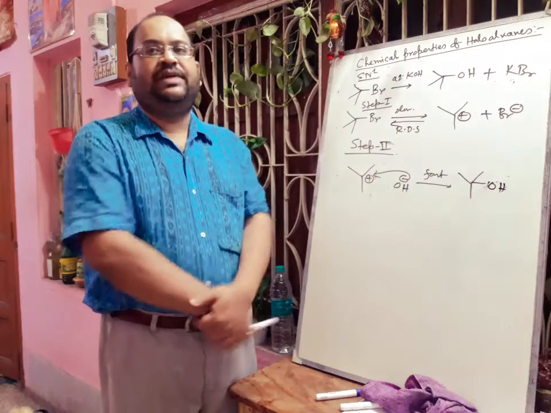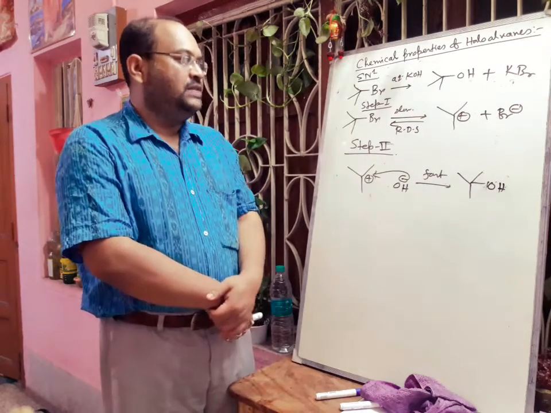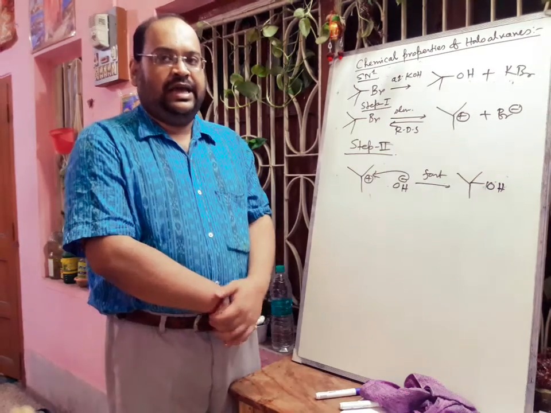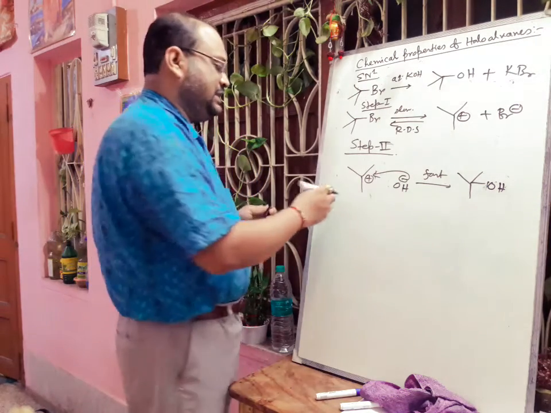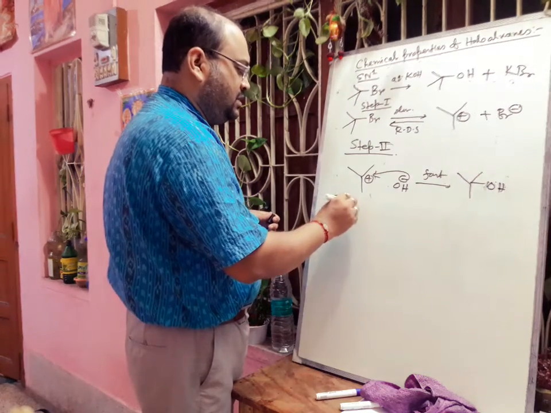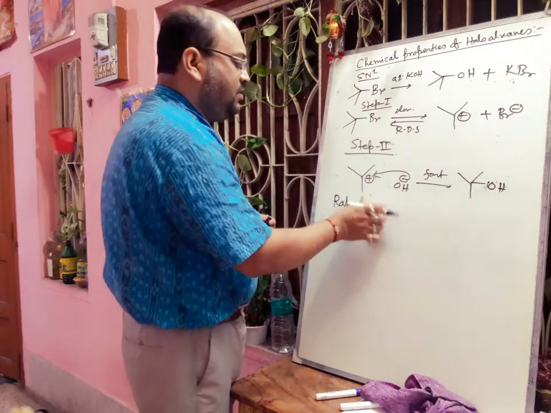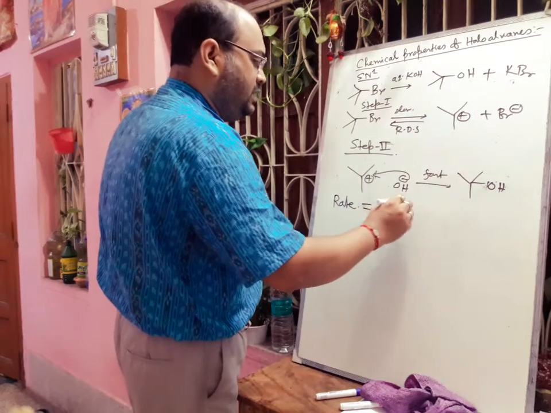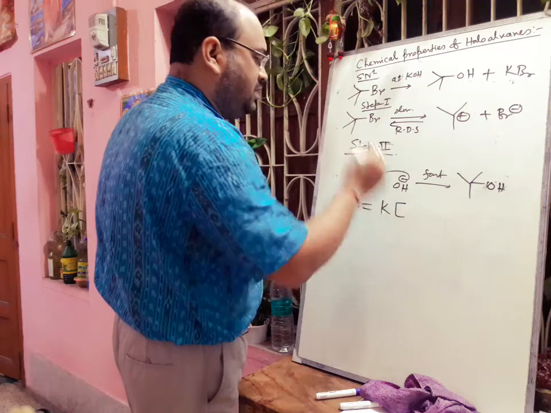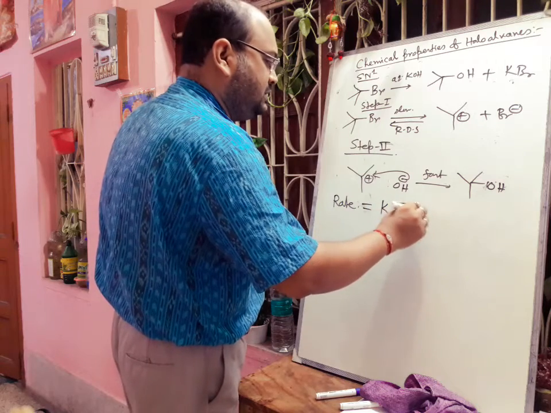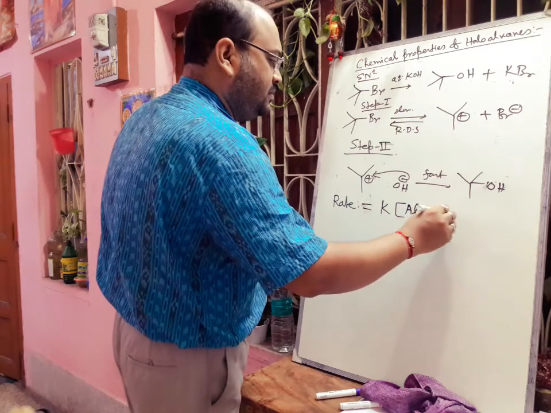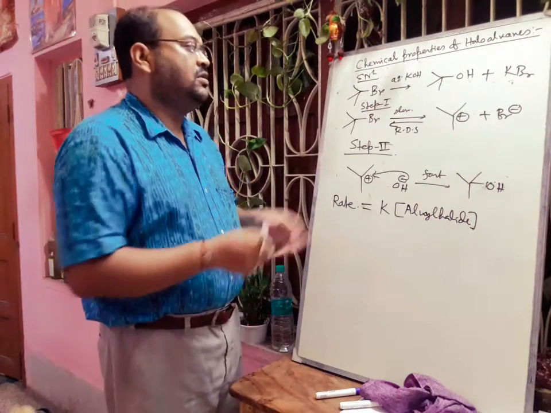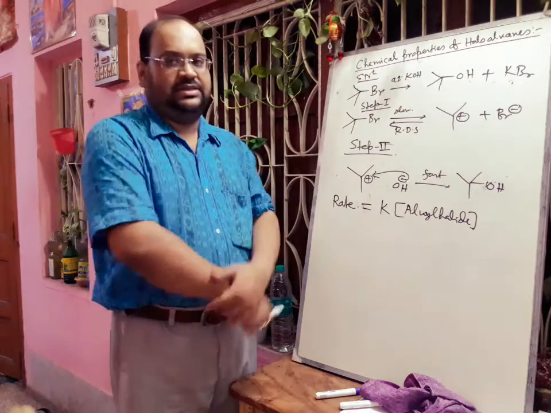Now this is a two-step process. Actually the mechanism is a two-step mechanism, and if we write the rate of the reaction, this rate will depend on the slowest step, that is RDS. In RDS it depends only upon the concentration of alkyl halide, not on the concentration of OH minus or base.